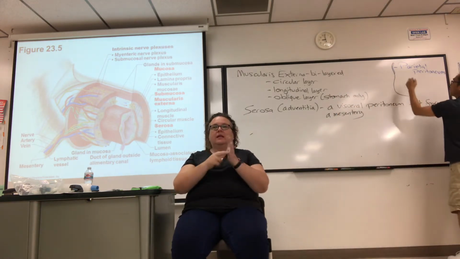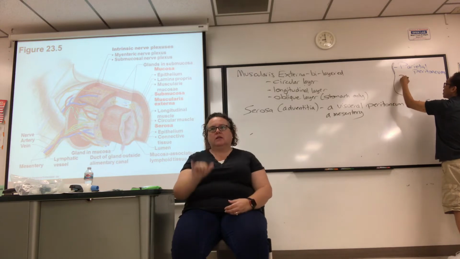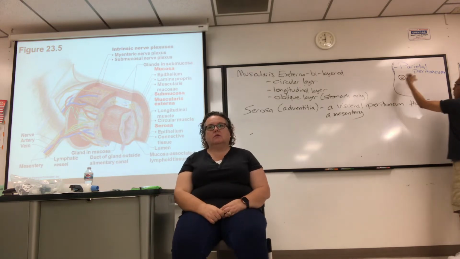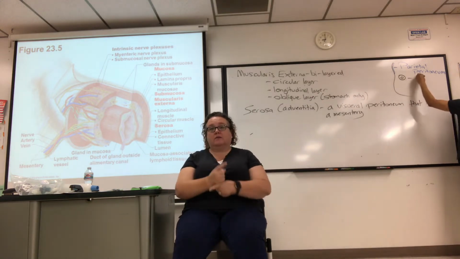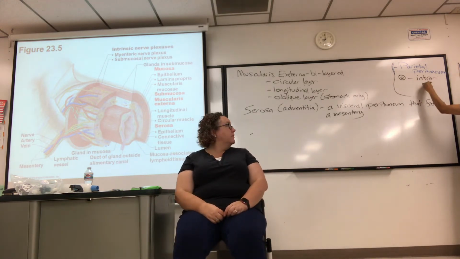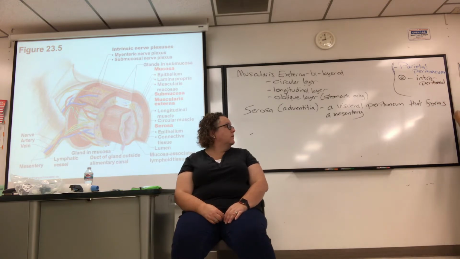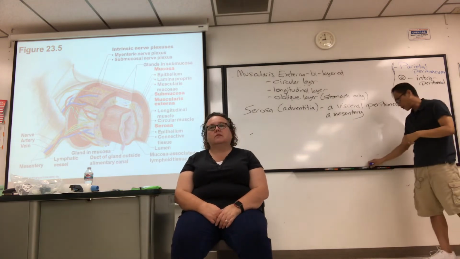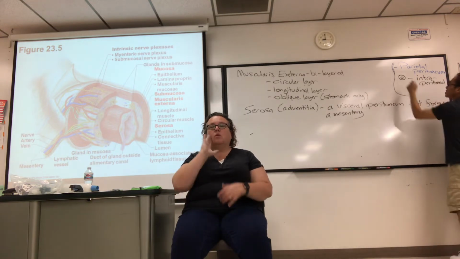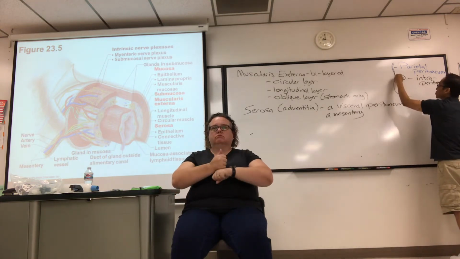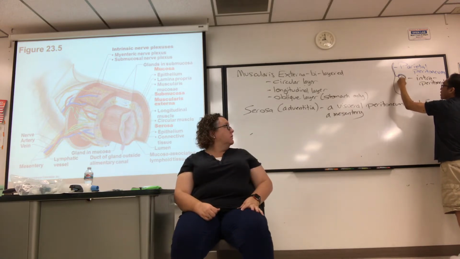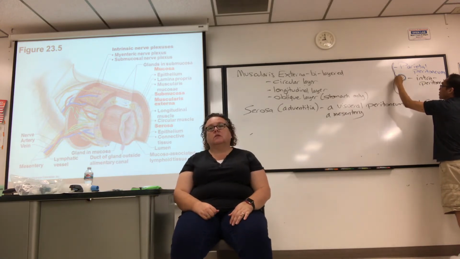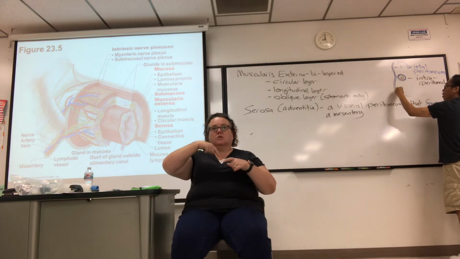Here's my digestive tract, right? Intraperitoneal. The mesentery will help hold it into place. It will shoot out, it'll wrap around the digestive tract, and then root on the back body wall.